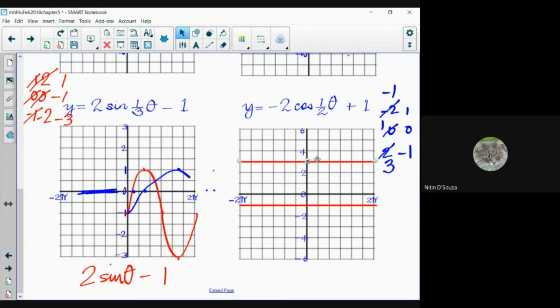Now we've got to do the half theta. What that means is from here to here, instead of 1 cosine, you're going to see 2 cosine waves. Okay? Sorry, let me just restate that again. Because my wave number is k, from 0 to 2 pi, instead of seeing 1 complete cosine curve, you're going to see half. So remember that we're dealing with negative cosine.